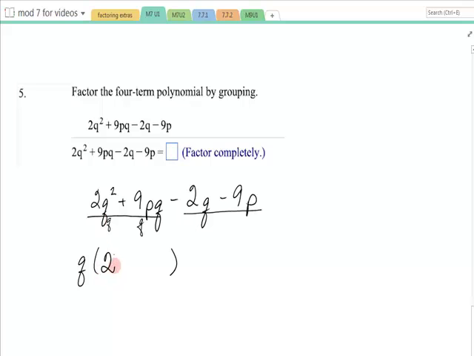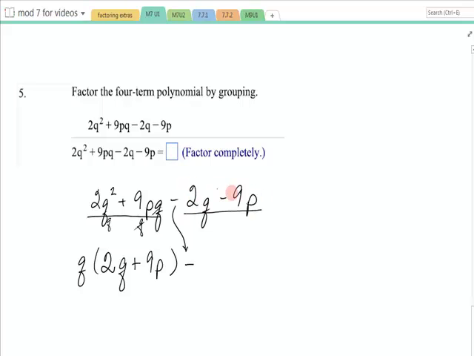I keep the 2. Q to the second over q to the first gives me a q. Plus sign. These q's divide out, and I have 9p. So q went into that 2q plus 9p times. I'm being observant, and I'm noticing that there's a negative there.